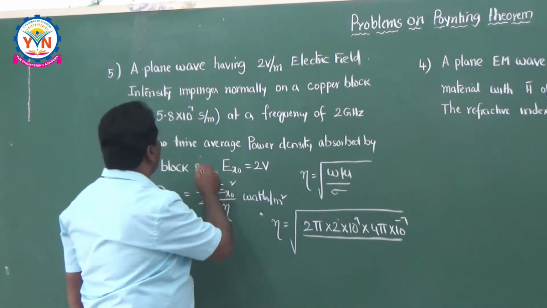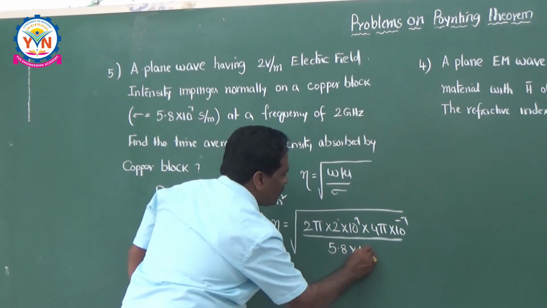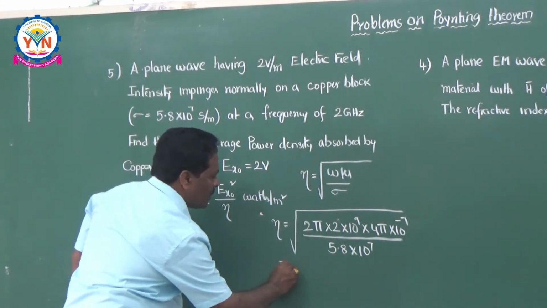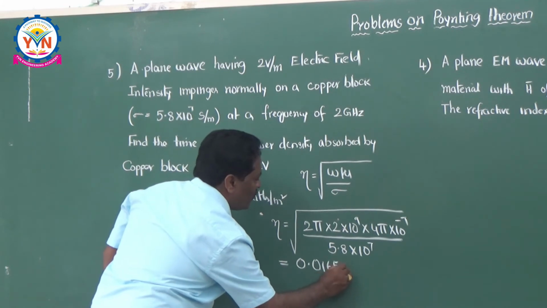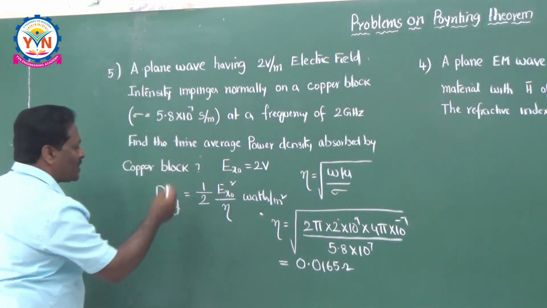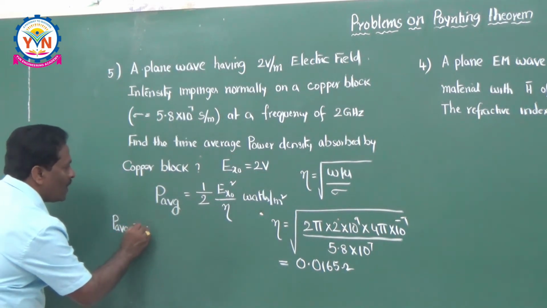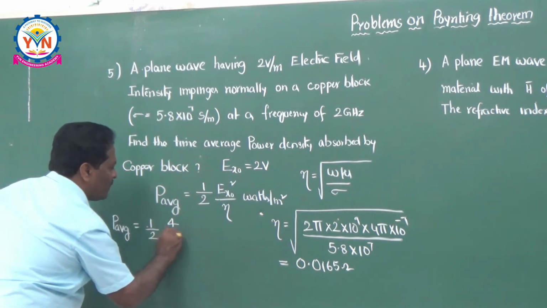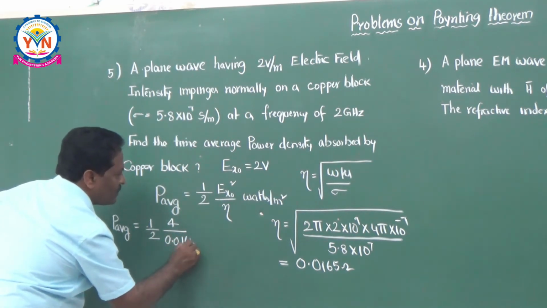What is the value of the sigma? 5.8 into 10 to the power of 7 mho per meter. Just if you simplify this, you are going to get 0.0165 ohms. This is the eta, you got it. Now just substitute in this expression for the average power. P average is equal to half into Ex naught square means 2 square, 4, divided by what is eta? 0.0165.